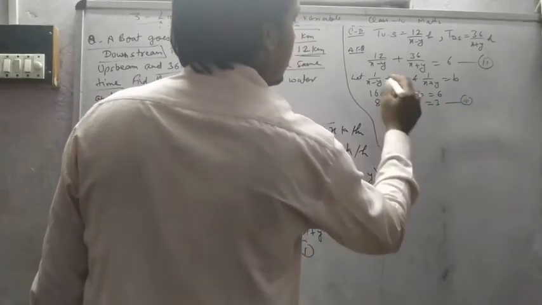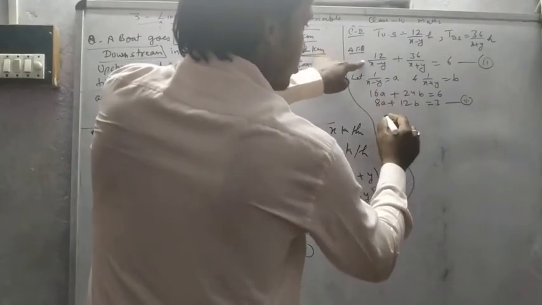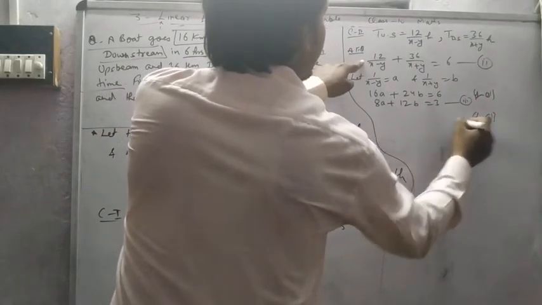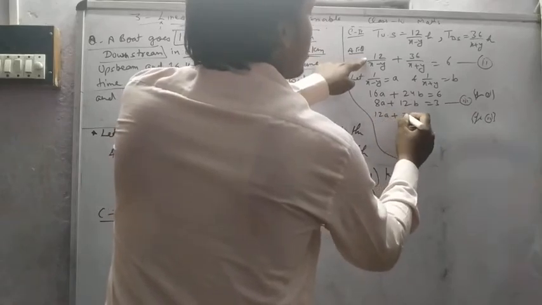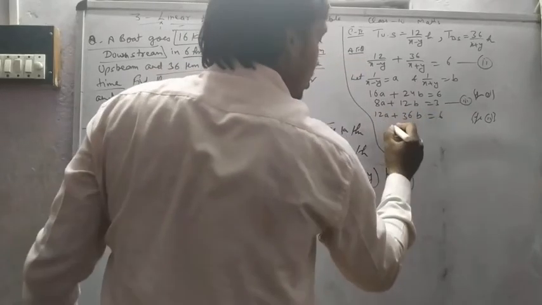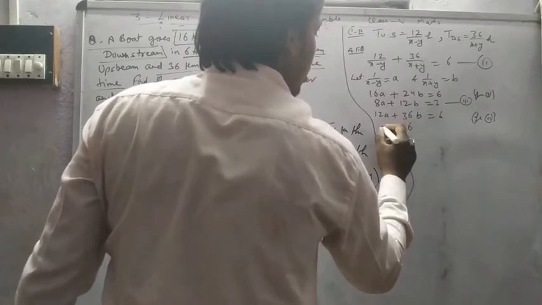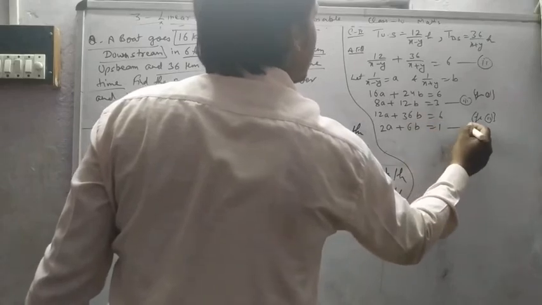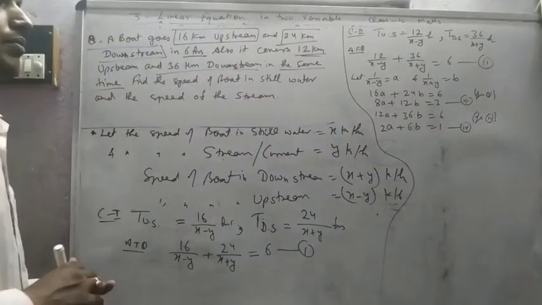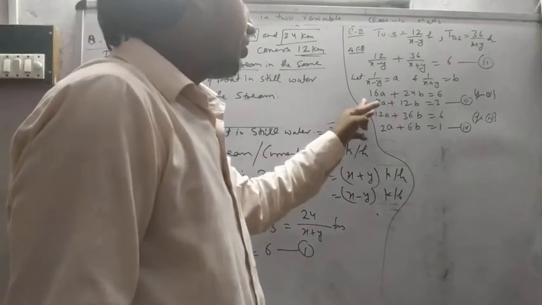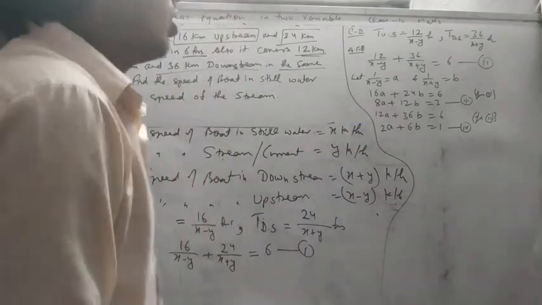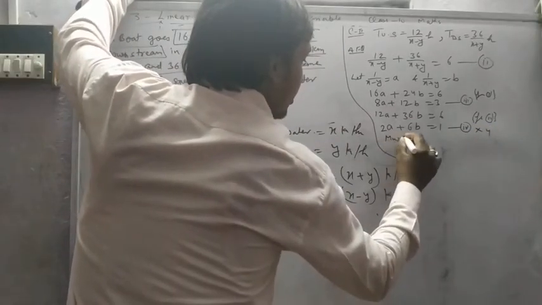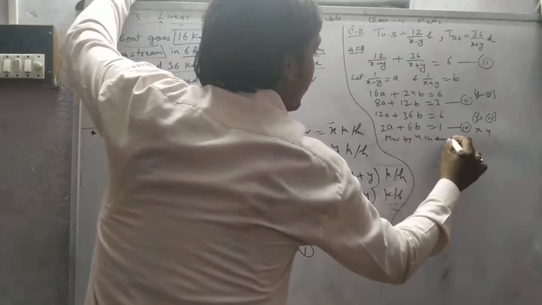Equation number third. And this is from first, now from second: 12a plus 36b is equal to 6, means 2a plus 6b is equal to 1. Divide by 6. Then the coefficients are not equal, so multiply by 4 in equation fourth.